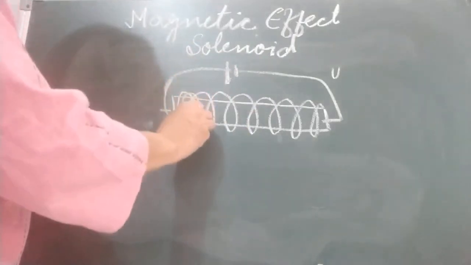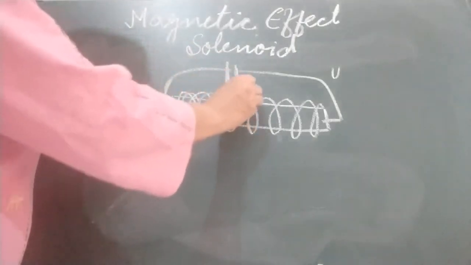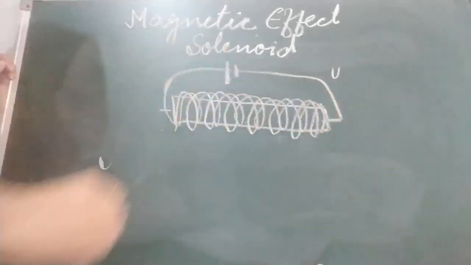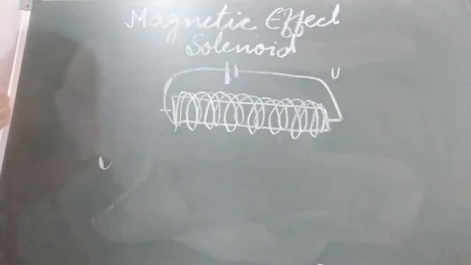Many times when you see a solenoid, you are not able to see the core. It is tightly wound, and we use solenoids in many electrical devices like fans and mixies. We use a solenoid as an electromagnet.